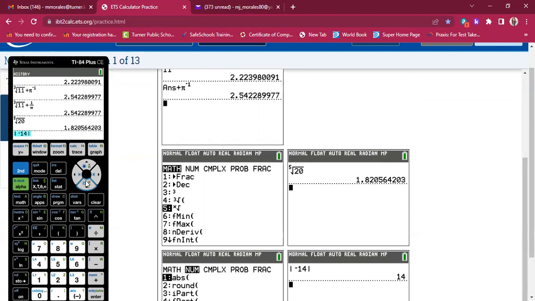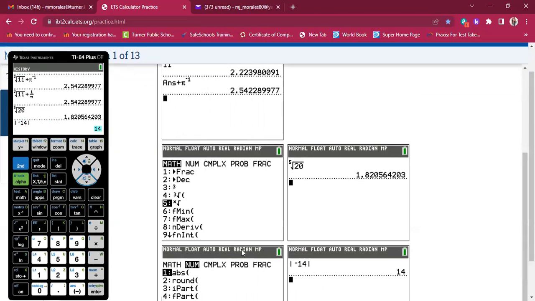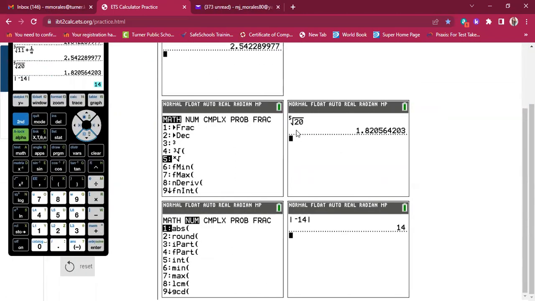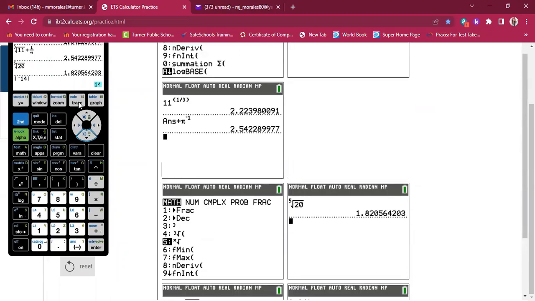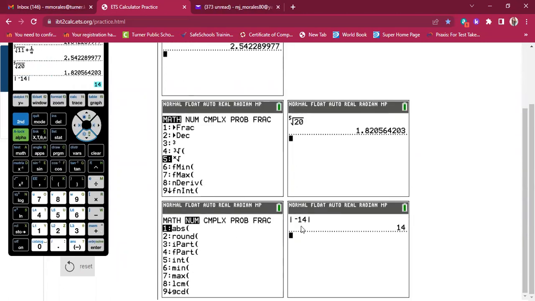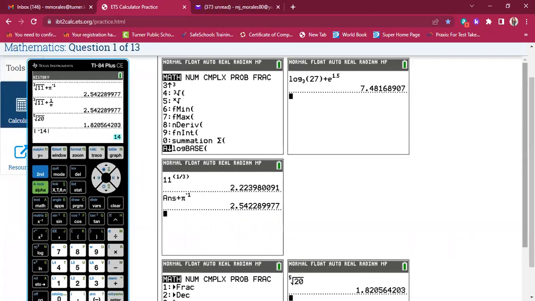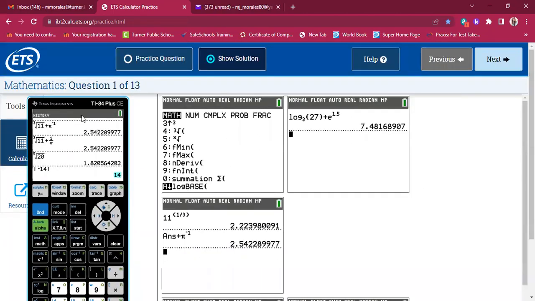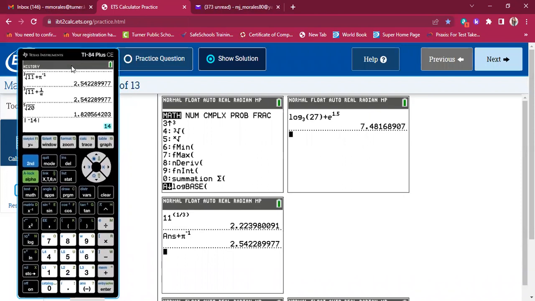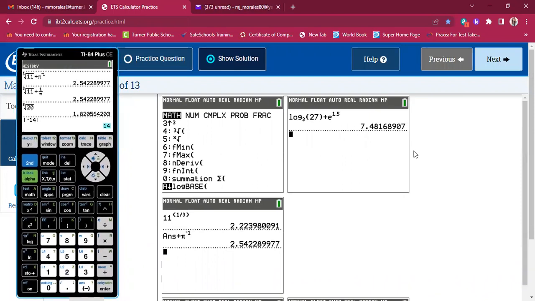And what about the fifth root of 20? We have here the fifth root of 20 is 1.8. That is right. And of course, 14. So that's how simple it is to answer problems using the TI-84 Plus calculator. Let's proceed to another example.